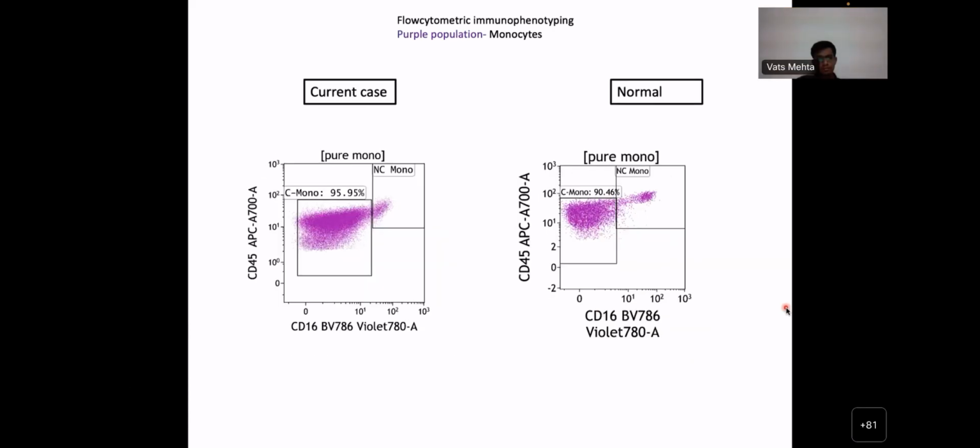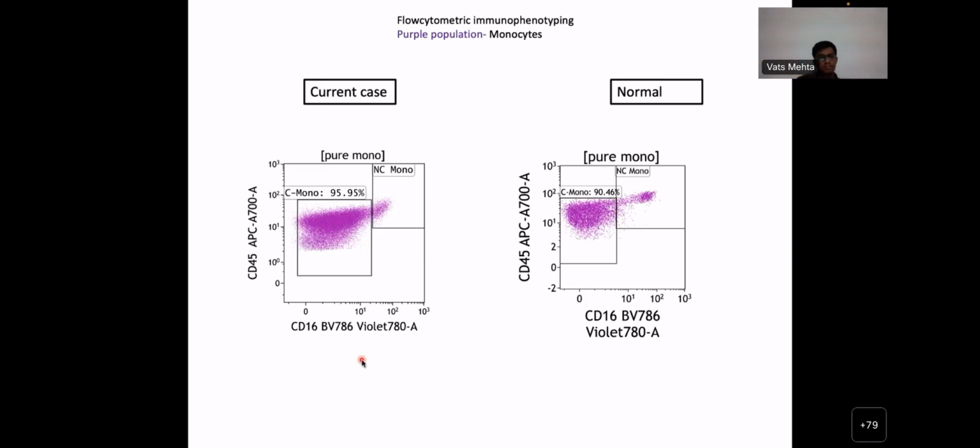Now, here I had given this plot comparing classical versus non-classical monocytes, but I have used 45 versus 16. Would anyone like to attempt that? What are the markers that we look for classical and non-classical monocytes? Jhansi: CD16 is an NK cell marker, ma'am, right?